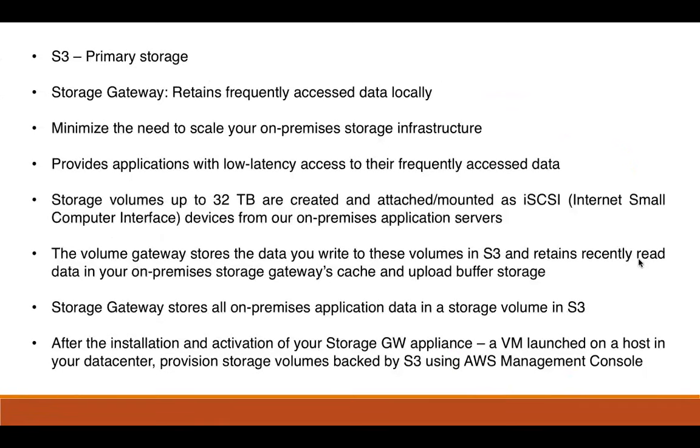After the installation and activation of the storage gateway appliance, which is a virtual machine running on a host in your data center, this storage gateway provisions the storage volumes that are backed up by the S3 using the AWS Management Console. So this is our gateway cache storage infrastructure.